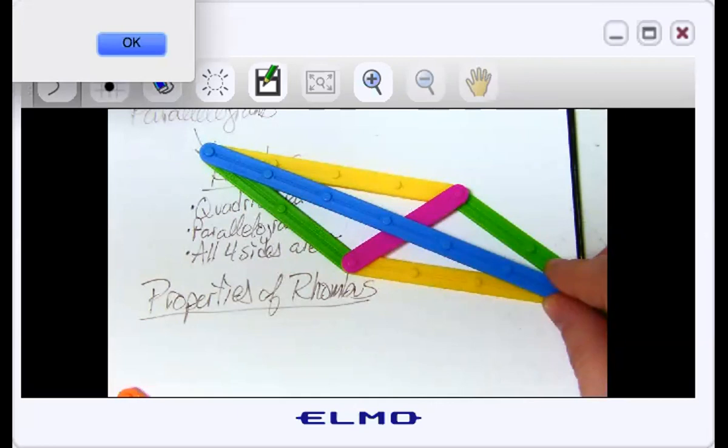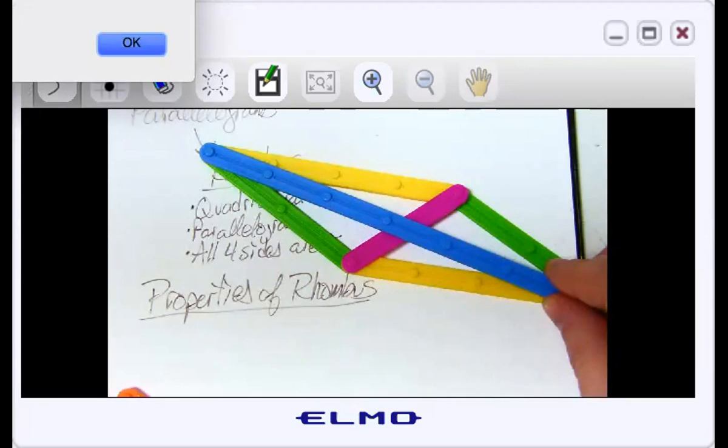And I think I just froze my camera. Let me just reset this real quick. So I should rephrase. The only parallelogram to have perpendicular diagonals is the rhombus.